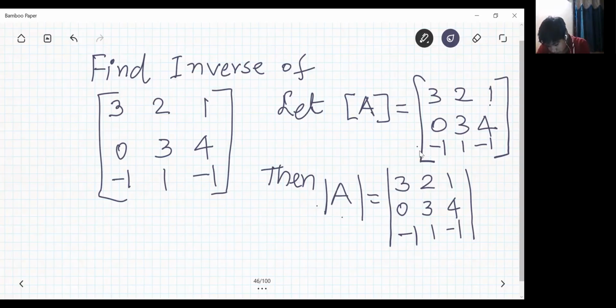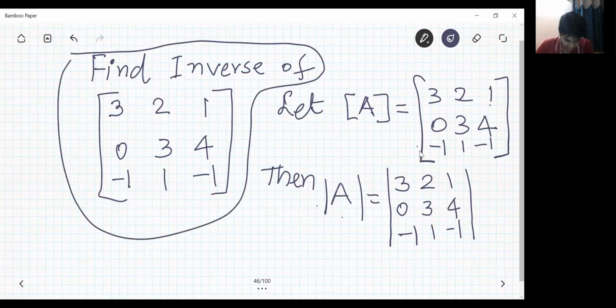You have to write this because this portion is in the question paper. Yes, sir. You have written like this.